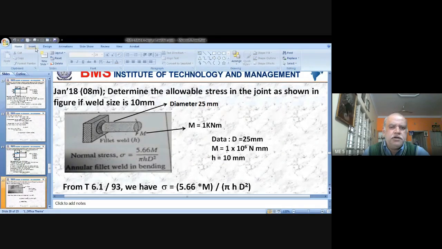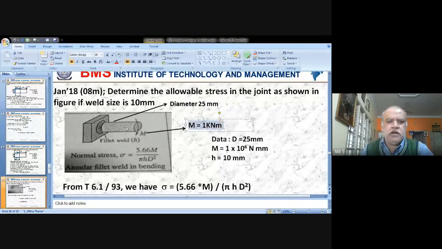Determine the allowable stress in the joint as shown in figure if the weld size is 10 mm. So in the problem he has given you, it is subjected to M. He has given M is equal to 1 kilonewton meter, and also he has given the diameter of the shaft as 25 mm.